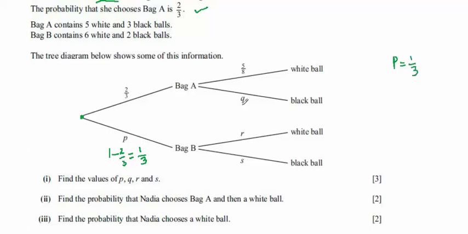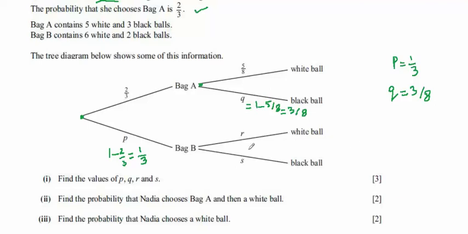Now we have to find Q, and from this root two branches are coming out, so the sum of these two will also be equal to 1. So Q will be 1 minus 5 over 8, which is 3 over 8. So Q is equal to 3 over 8.